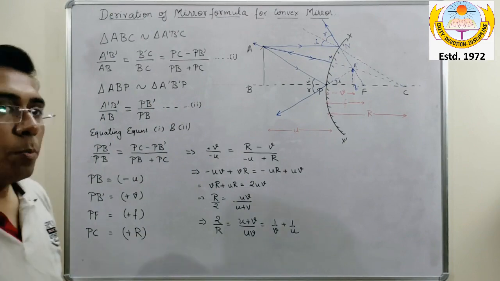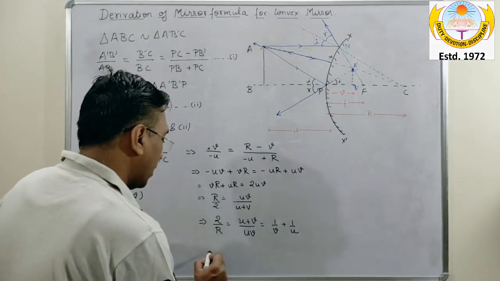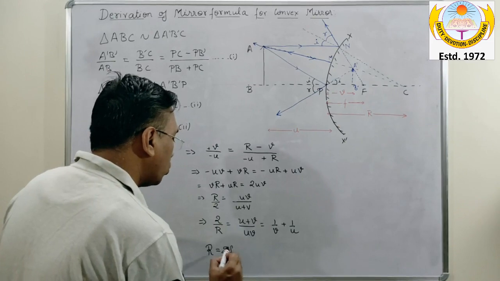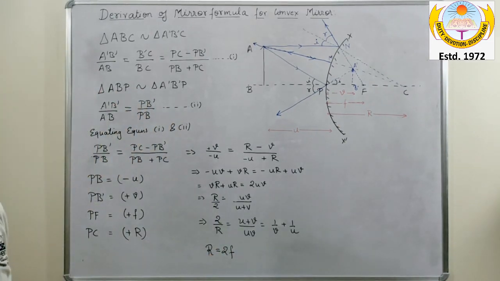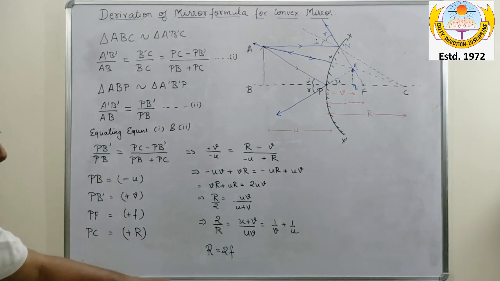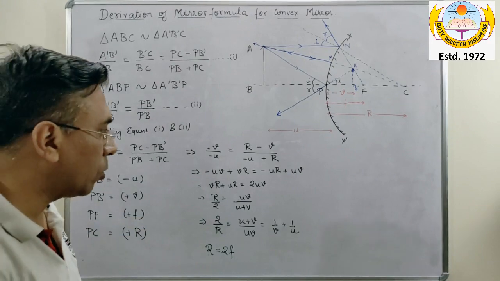Now we already know beforehand that R is nothing but 2f. This is the relation between the radius of curvature and the focal length. So obviously R by 2 will be f, or 2 upon R we can write as 1 upon f.